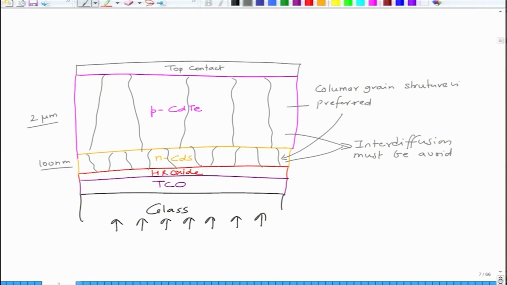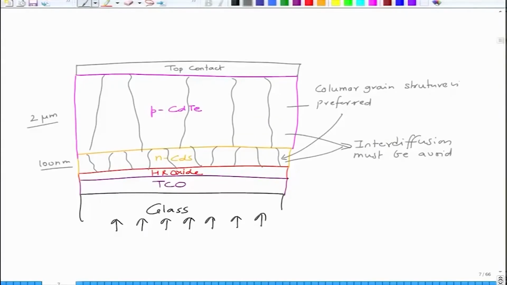Interdiffusion or interreaction between the layers must be avoided. And because this layer is very thin, it is possible that you may consume some of this layer with the interreaction. As a result, the CdS thickness effectively may get reduced and you may form some sort of layer at the interface. So these are certain issues in CdTe solar cells which one has to overcome by optimizing the process and studying the interdiffusion of various elements.